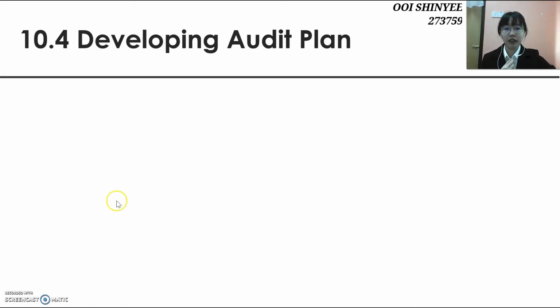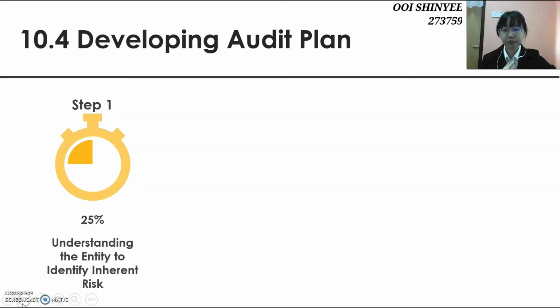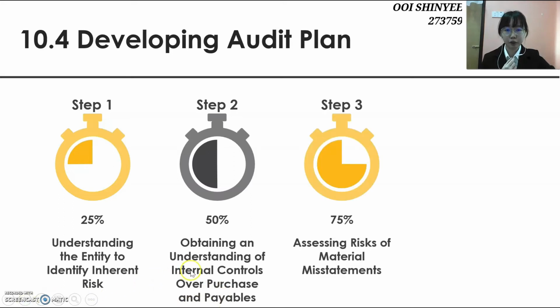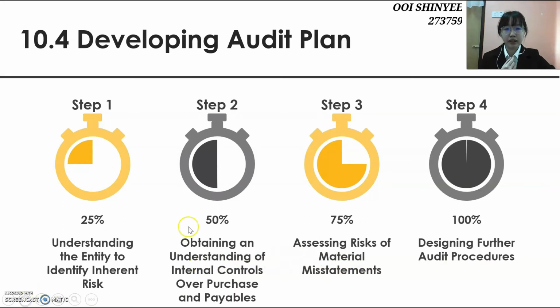There are 4 steps in the risk assessment procedure. The first step is understanding the entity to identify the inherent risk. Step 2, obtaining an understanding of internal controls over purchases and payables. Step 3, assessing the risk of material misstatements. Step 4, designing further audit procedures.